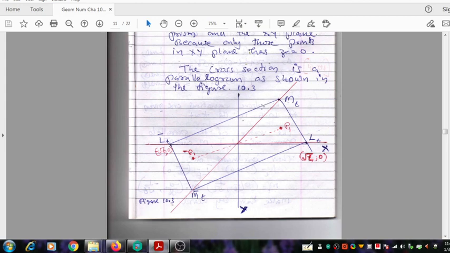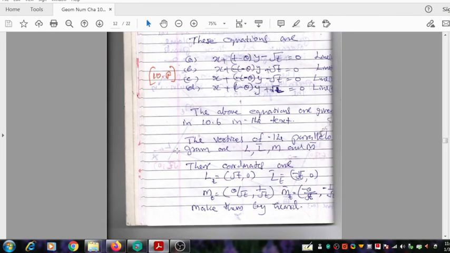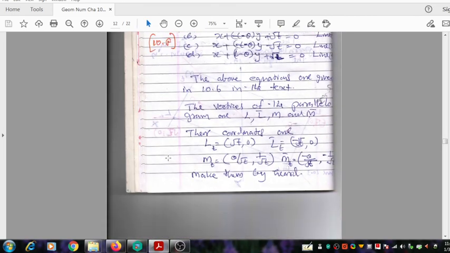You can see that those points of intersection are written here: minus root t, 0, and here it is plus root t, 0. You can obtain the coordinates of these two points also by solving the corresponding equations.